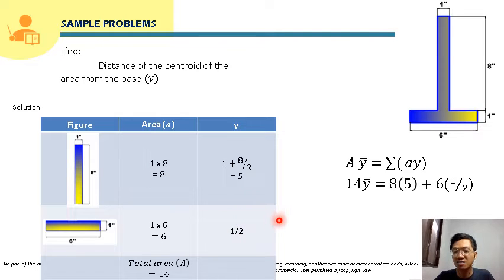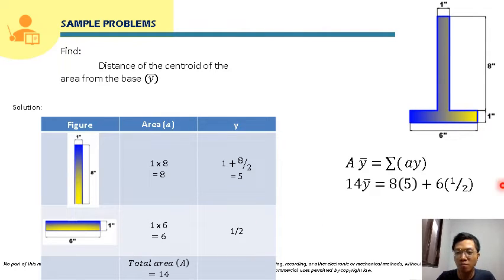Okay, so class, don't forget here to consider the sign for the coordinates. So in here, it just so happened that our y coordinates are above the reference axis, so this will be positive, and this will also be positive, but don't forget to consider that in our other problems.